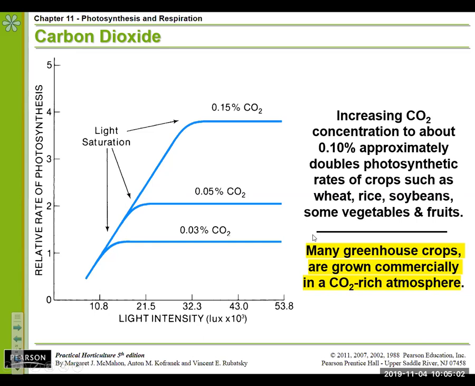We don't often have to do that in our greenhouse here, because we have enough people going in and out releasing CO2 naturally. So this graph is just looking at that light saturation point coupled with the carbon dioxide rates, and seeing that when we have greater amounts of carbon dioxide, photosynthesis can potentially double.